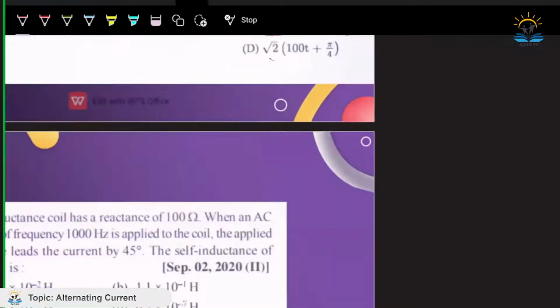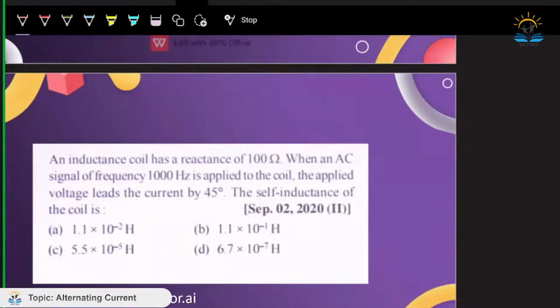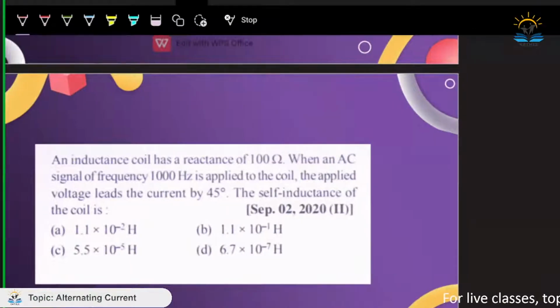Okay, this is our next question. Again, the same type of question, just playing with XL, XC, R, VL, VC, VR, phi. An inductance coil has a reactance.